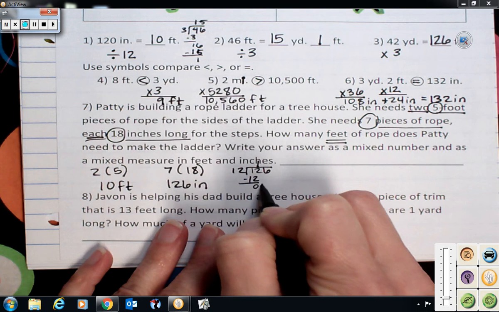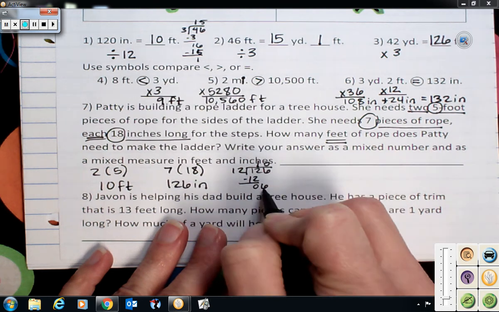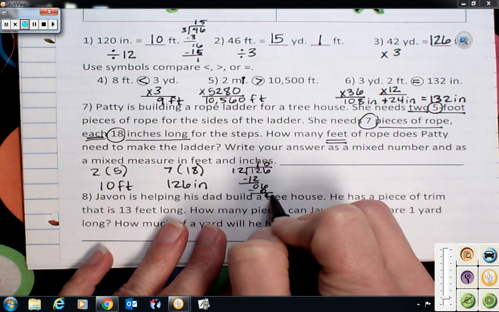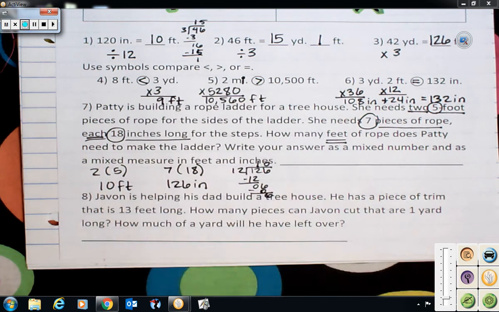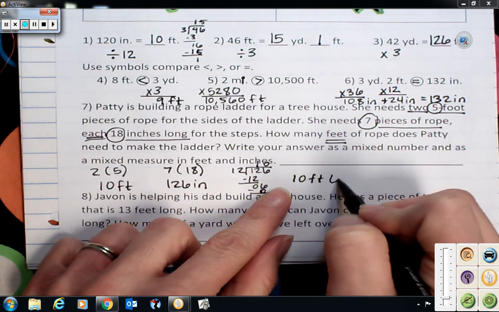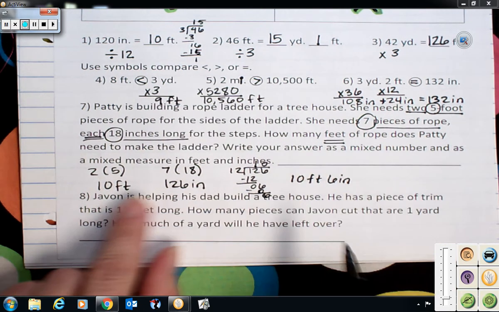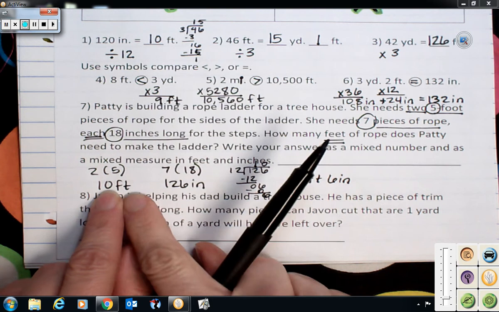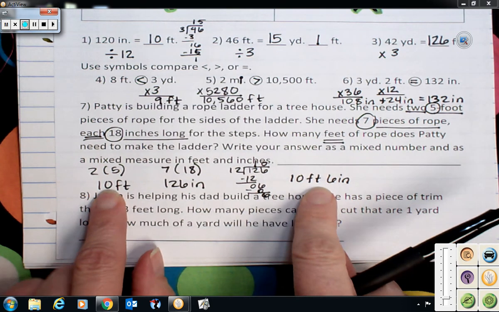I think I can squeeze it. All right, so that gives me 10 feet and 6 inches.